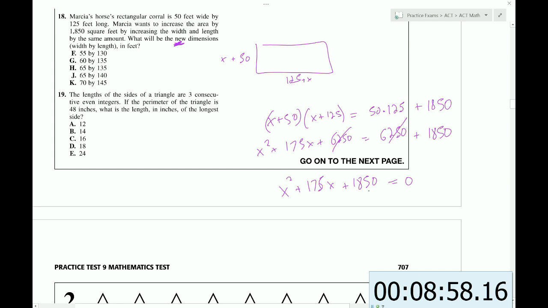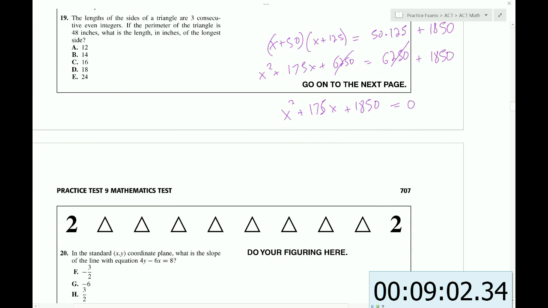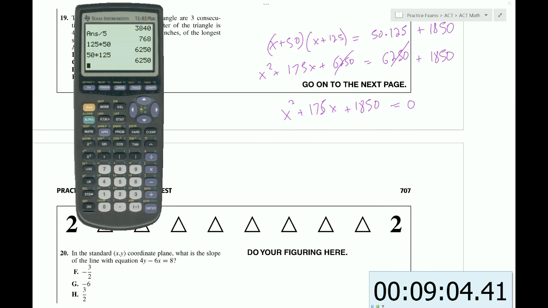So we can find multiples of that, or that's probably going to be tough, so let's just put it into the calculator and graph it. Little brute force here. So x squared plus 175x plus 1850. Graph. Let me zoom standard.